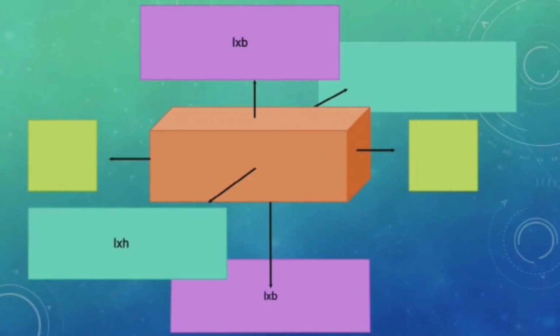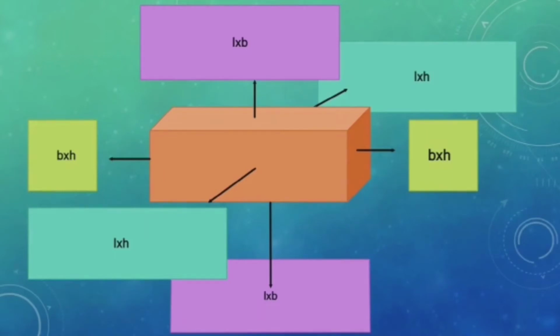So length into height, L into H is equal to LH, and the same area this back face will have, right? And its left face will have breadth into height, right? So B into H is equal to BH, and its right face will also have the same area, that is B into H is equal to BH.